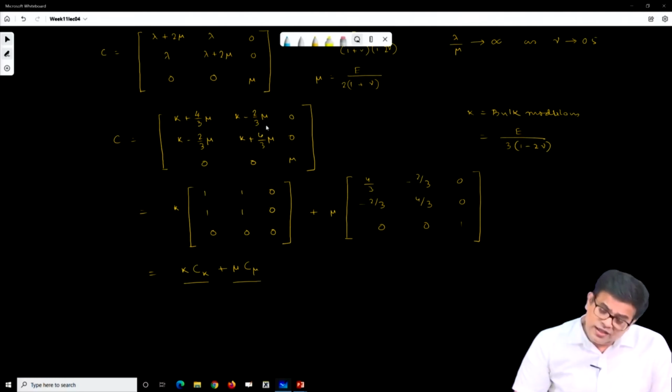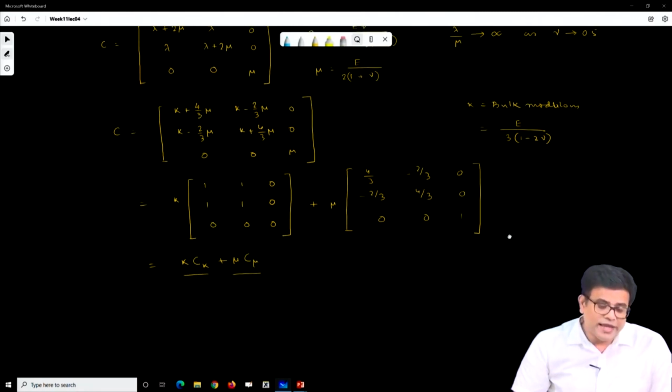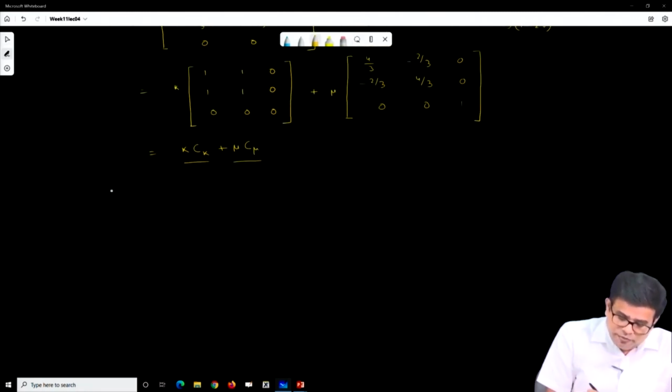Now, a similar decomposition can be written for the lambda-mu description. I can take lambda common.